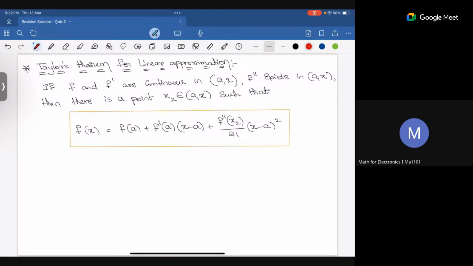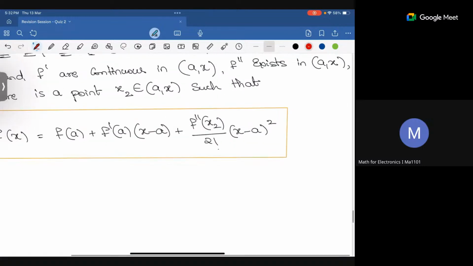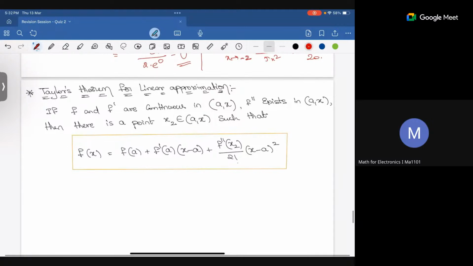The point x equals a is the chosen point. So from a to x, f and f prime should be continuous, and f double prime should exist. Okay, so these two conditions should hold true.